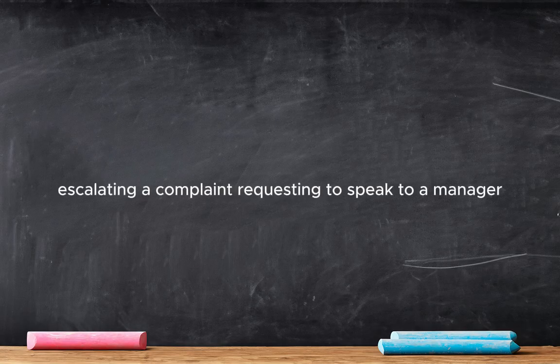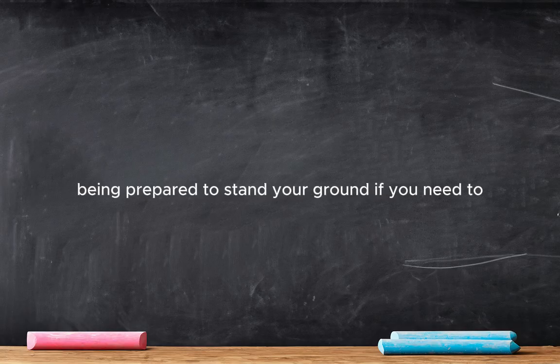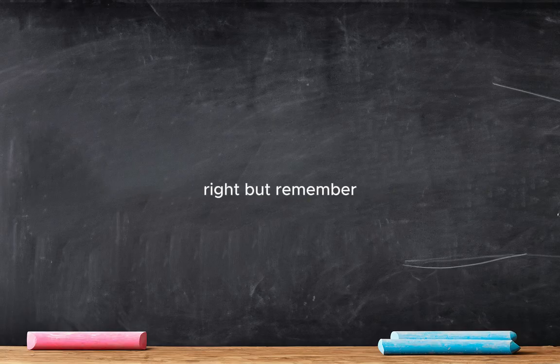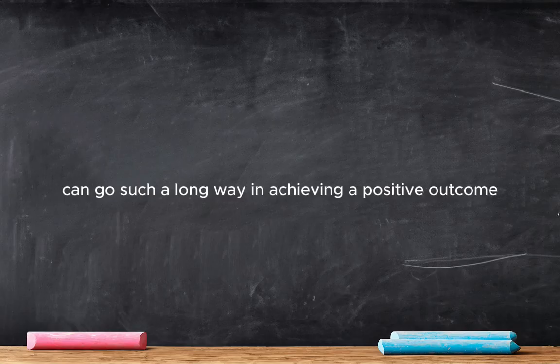Escalating a complaint, requesting to speak to a manager, even understanding your rights as a guest. These could be really empowering. It's about knowing your options, being prepared to stand your ground if you need to. But remember, even in those challenging situations, maintaining a polite and respectful tone can go such a long way in achieving a positive outcome.